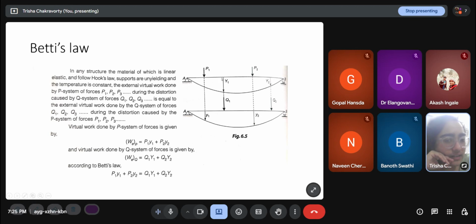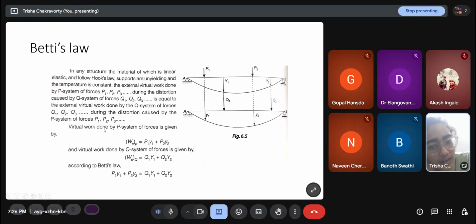So in this, capital Y1 and capital Y2 are the deflections caused due to the P system of forces at these points, specifically where Q1 and Q2 are applied, and similarly small y1 and small y2 are the opposite.